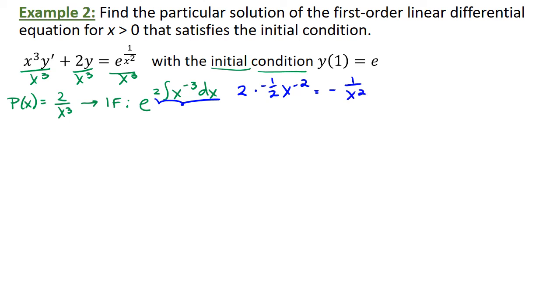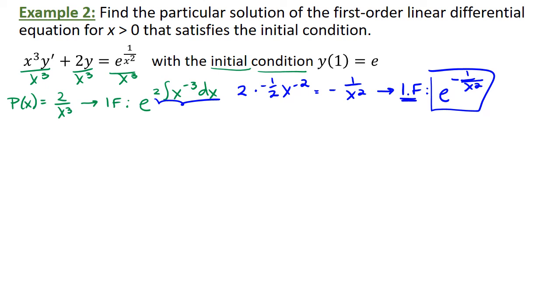So my integrating factor then is e to the negative 1/x squared. Remember, you are going to multiply everything in the standard form of the equation by the integrating factor. So let's go ahead and do that now.